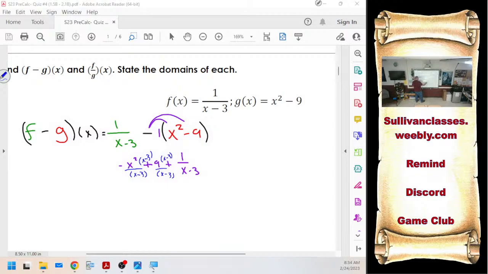So then if you wanted to take it that far, that's a negative x cubed, what's that, plus 3x squared, plus 9x, minus 27 plus 1 is minus 26, all over x minus 3.